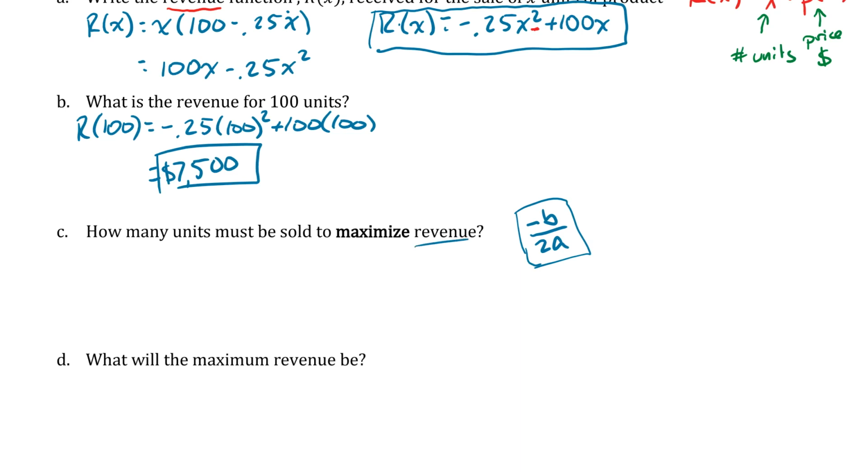Since we're talking about revenue, we're talking about R of x. So we have A is negative 0.25 and B is 100. We just plug them into this formula. So it's negative 100 over 2 times negative 0.25.